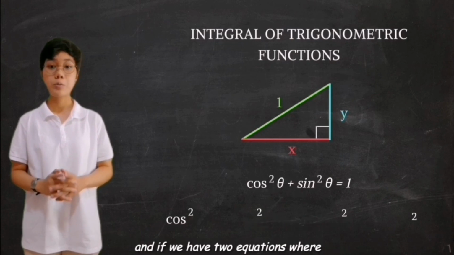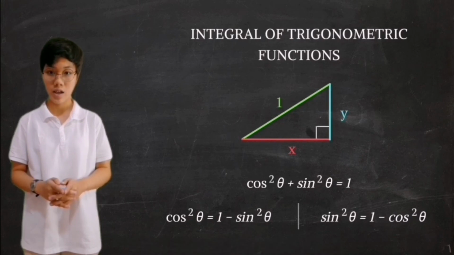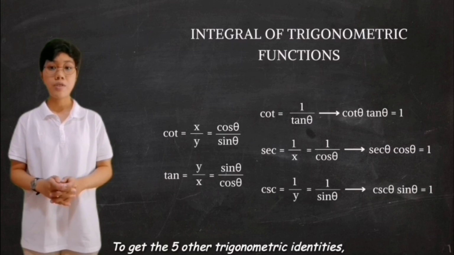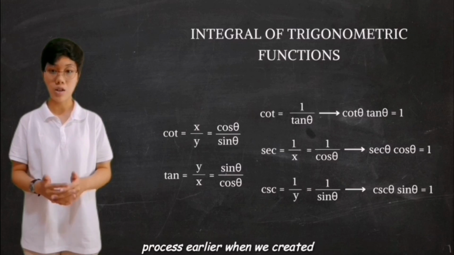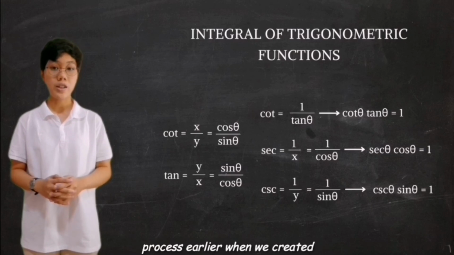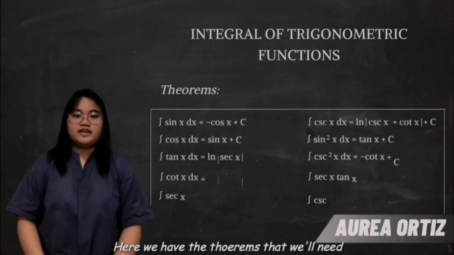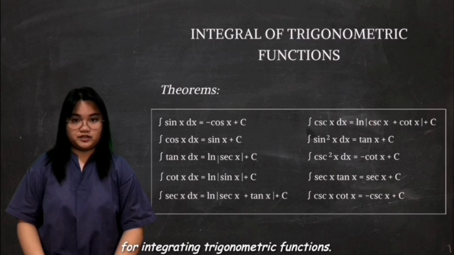And if we have 2 equations where we transpose sine in the first and cosine in the second, we'll get 3 of 8 identities. To get the 5 other trigonometric identities, we'll just use the same substitution process earlier when we created a new definition for these functions. Here we have the theorems that we'll need for integrating trigonometric functions.